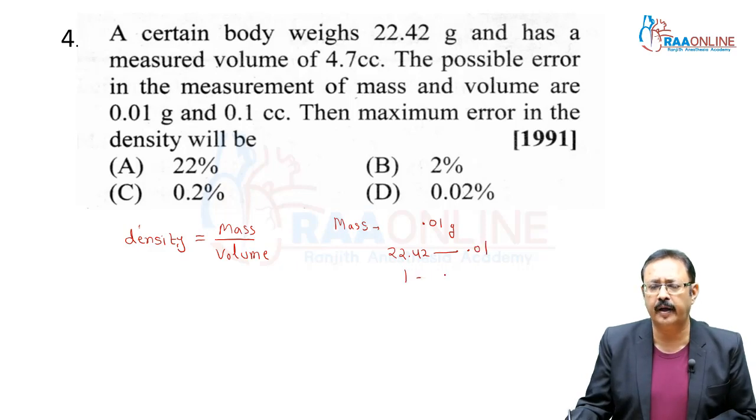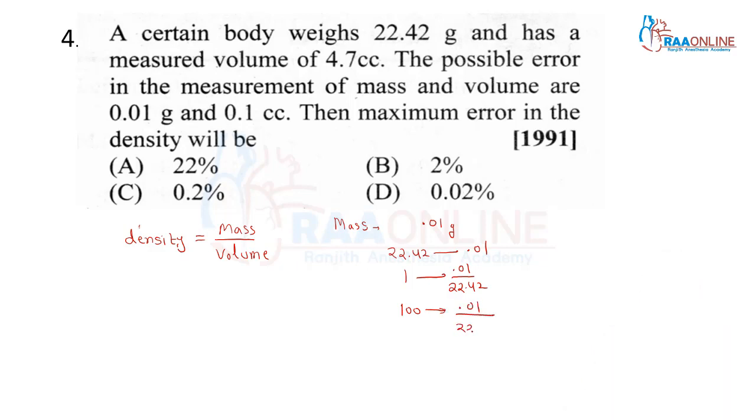For 1 gram, error is 0.01 upon 22.42. For 100 gram, it should be 0.01 upon 22.42 into 100. So we can calculate, simple calculators are allowed. So we will calculate with the help of calculator. So no need to waste your time.